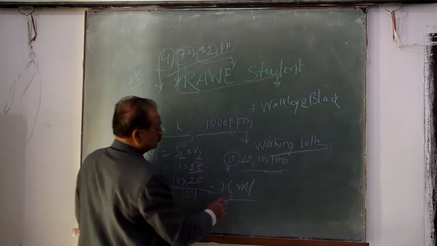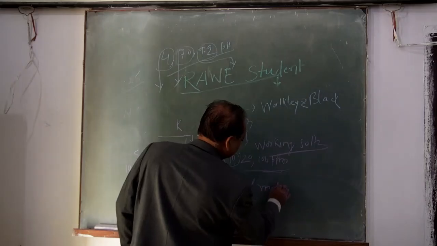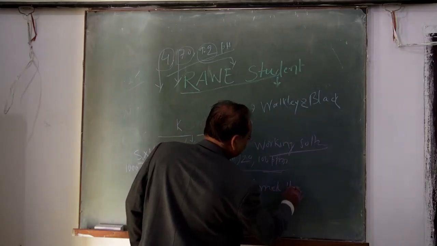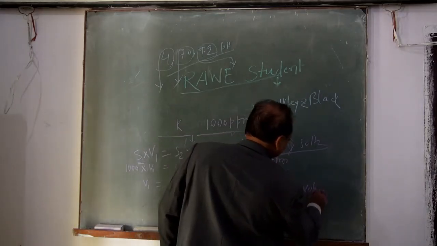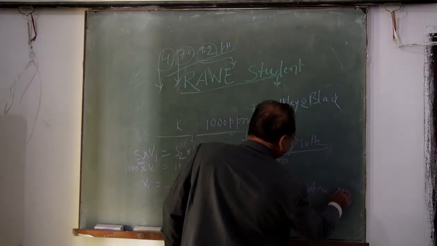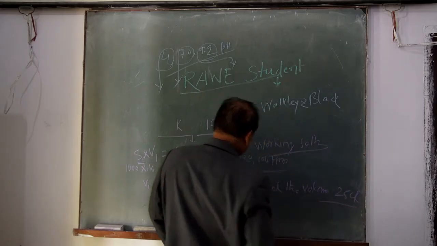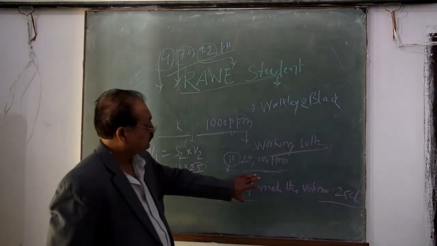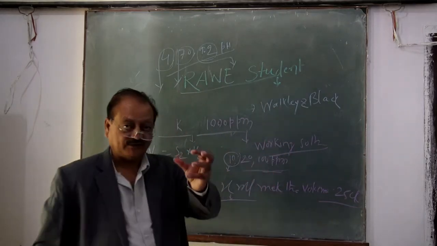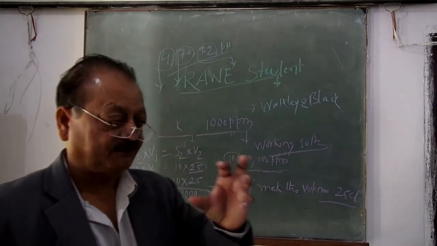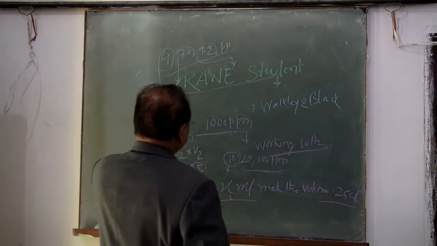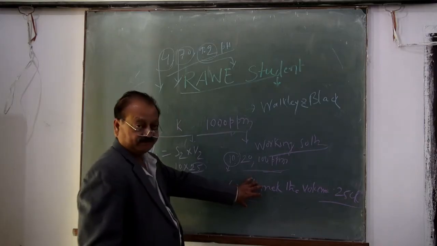Then make its volume 25 cc. Where will you make the volume? In a volumetric flask, remember it, you have to make this volume of 25 cc.